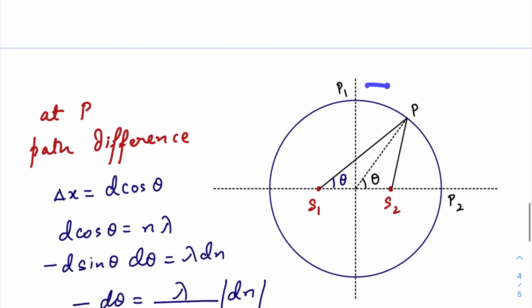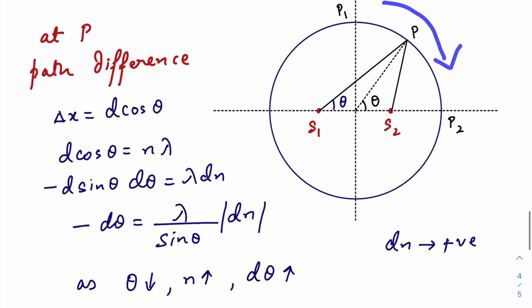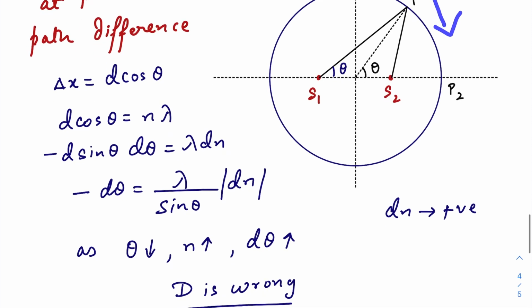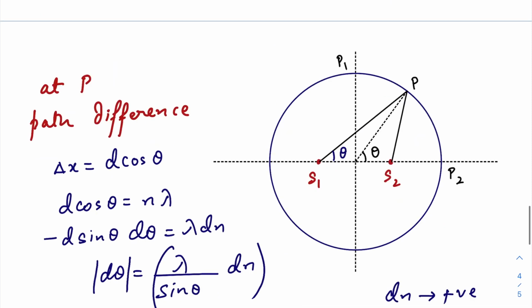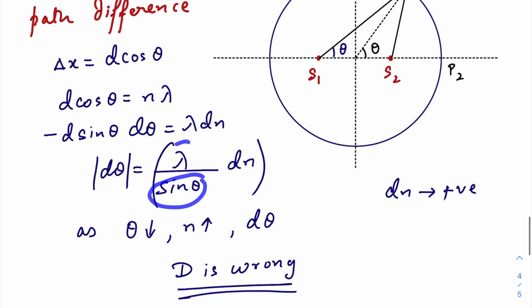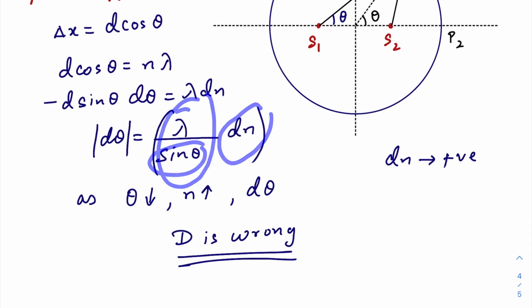Now as you move from P1 to P2, n is increasing, so dn is positive. Differentiating both sides, minus d sine theta d theta equals lambda dn. As you move from P1 to P2, theta is decreasing, sine theta is decreasing, so this whole factor is increasing, and dn is always positive.